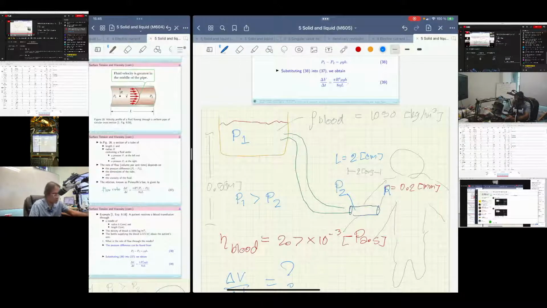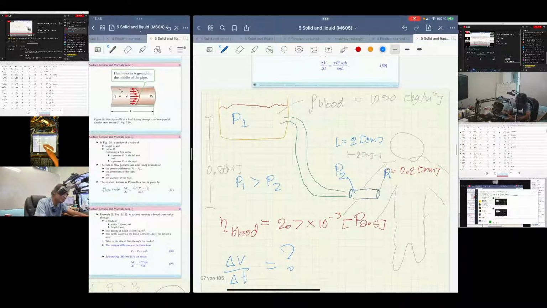The relationship between P1 and P2 is the following. P1 equals P2 plus rho g h. Rho is the density of that fluid, g is the gravitational acceleration on Earth, h is the height here.